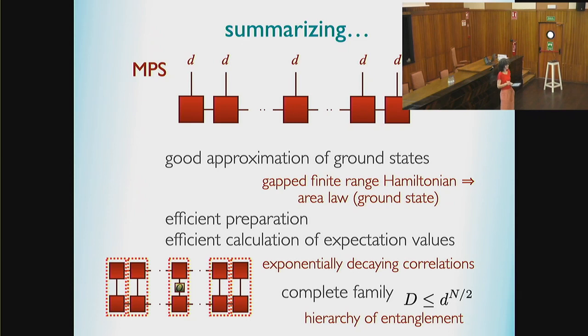And this is more than just these intuitive ideas that I gave. This is a mathematical result, that this is really the set that describes ground states of local gapped, finite-range Hamiltonians. And this is very much related to the property that these ground states satisfy an area law of entanglement.